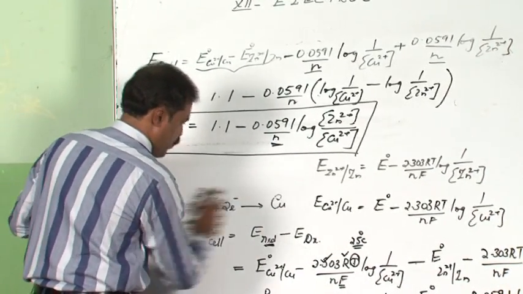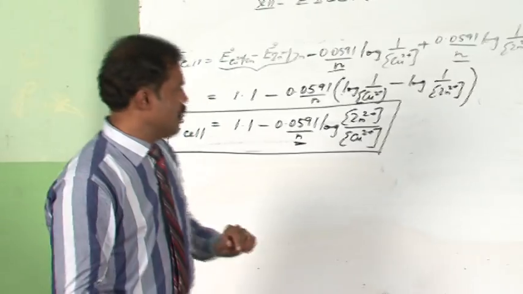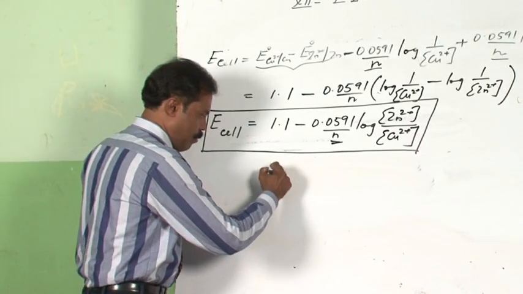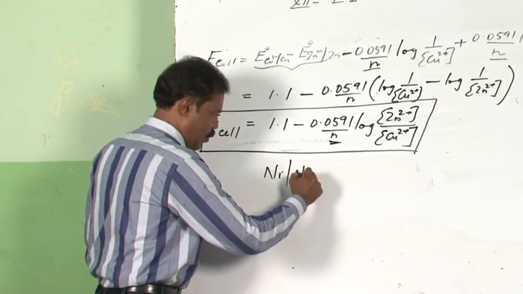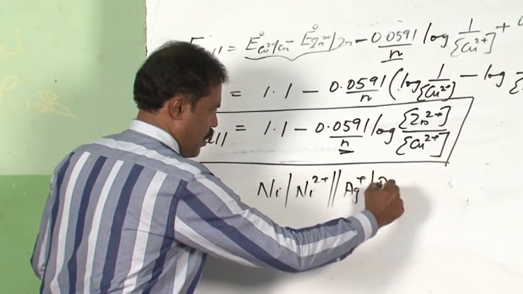Now let us discuss about a cell where number of electrons is not same in both the halves. Now let us discuss about a cell which is set up something like this: Ni/Ni2+ || Ag+/Ag.